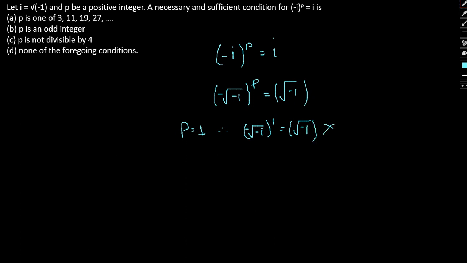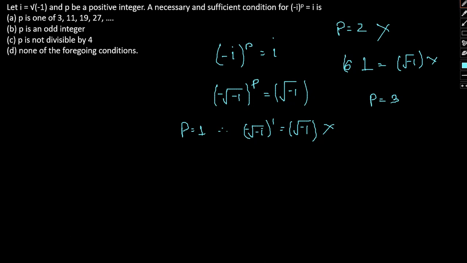So if p equal to 2, what we have is minus i whole square, so there will be minus 1, so it will simply be minus 1, so again p equal to 2 is also not possible. So let p equal to 3.